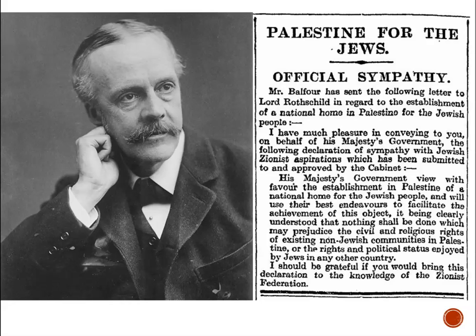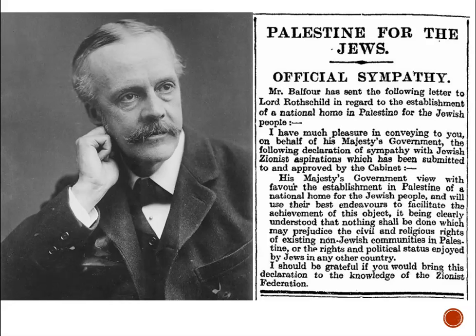Okay, so it's basically saying, yeah, we know there's a lot of Arab Muslims living in Palestine, but we're in favor of this becoming a Jewish homeland, national homeland. Now, by creating this Jewish national homeland, it should be understood that this shouldn't in any way bring any kind of hardship to the people that are already there.